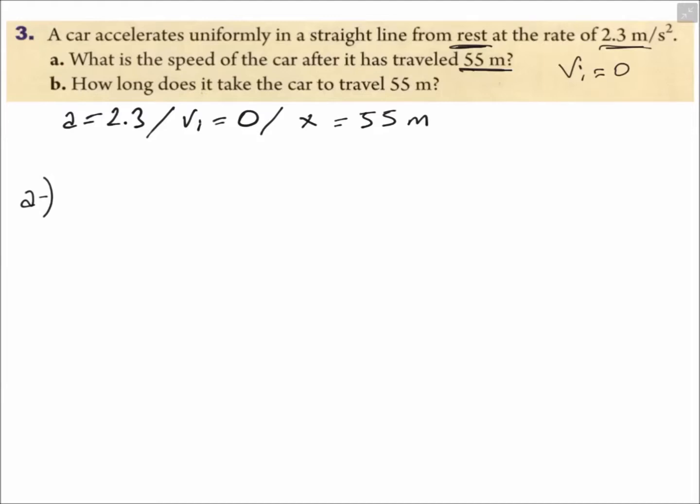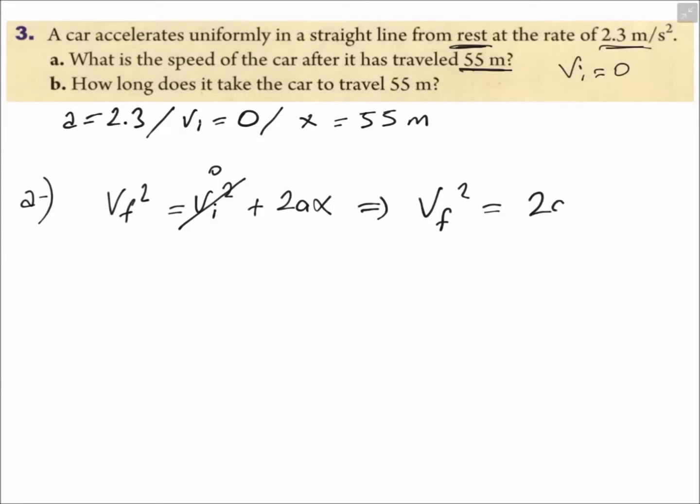And in part A, it asks what is the speed of the car after it has traveled 55 meters. The formula is V final square equals V initial square plus 2ax, and the initial velocity is 0, so we will use the formula as V final square equals 2ax, and 2 times a, which is 2.3, times x, which is 55, so V final square is going to be 253.